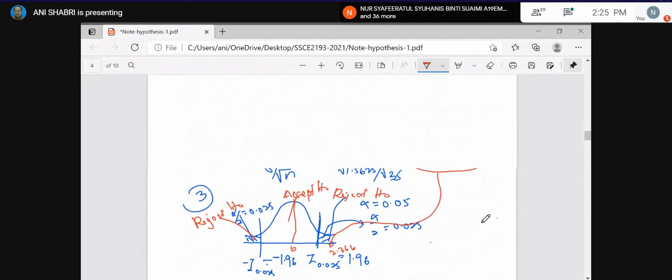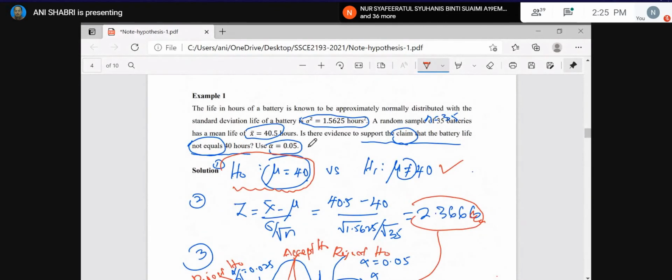Okay, look at the question. Is there evidence to support the claim that the battery life is not equal to 40? Do we support or not support?